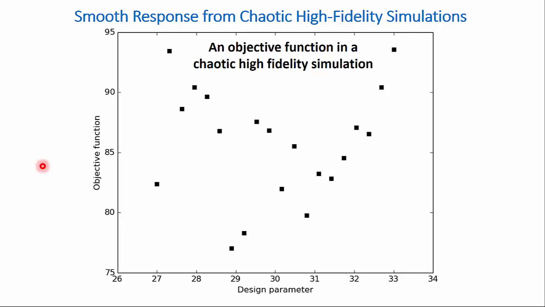But if I can perform what I call sensitivity analysis, computing the derivative of the objective function, and I'm going to show you later on what kind of objective function I can compute derivative with.